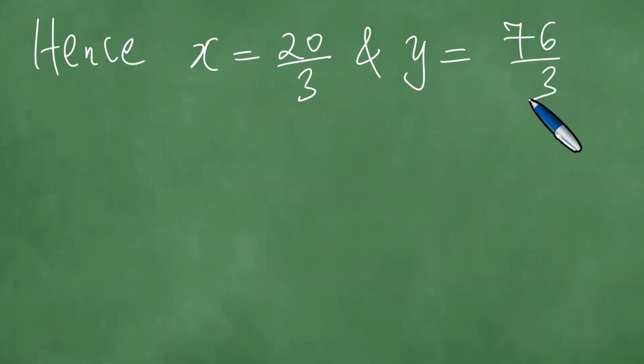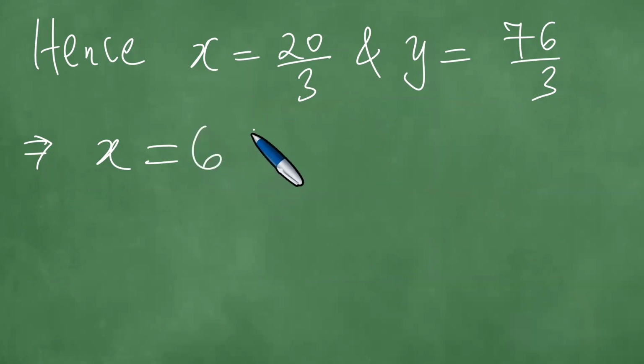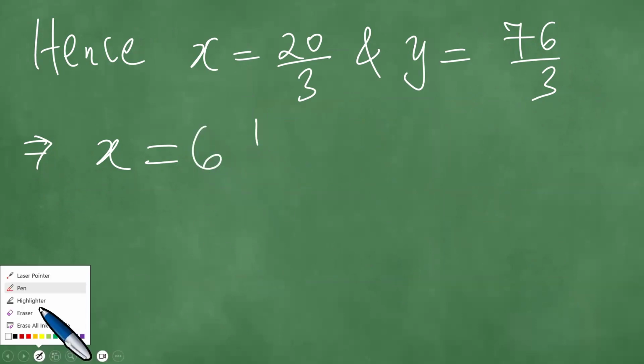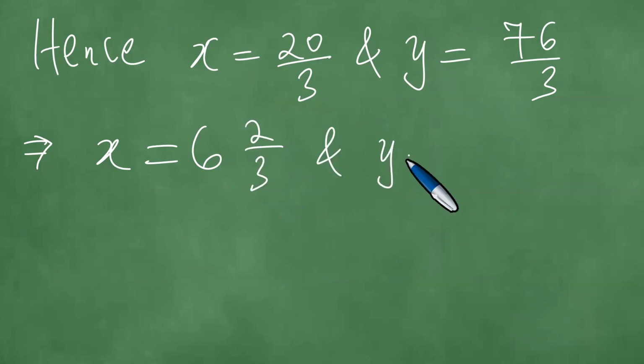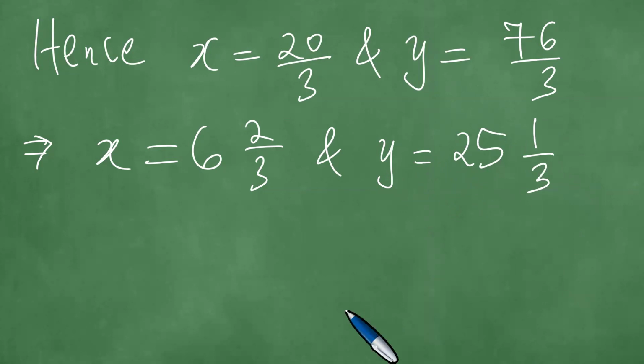Upon careful examination of these two results, x can be written as 6 2/3, and y can be written as 25 1/3, like so.